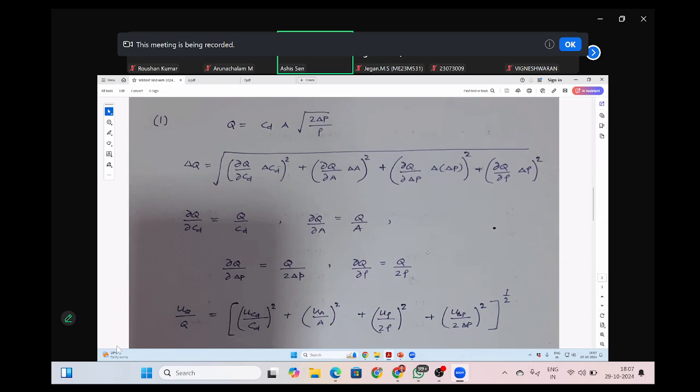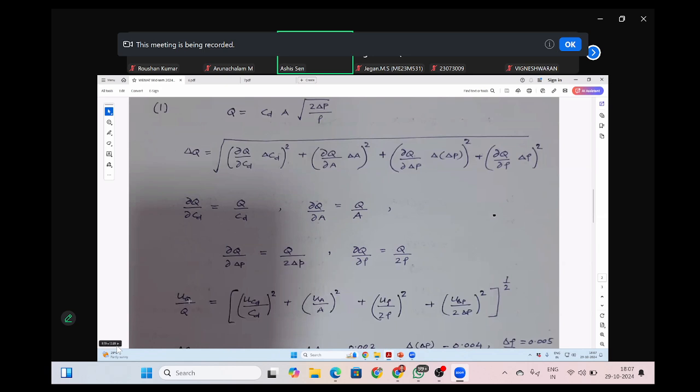So as per the formula, the uncertainty in Q divided by Q will be equal to the uncertainty in CD. So basically, the uncertainty in Q will be the uncertainty in CD into dou Q over dou CD.